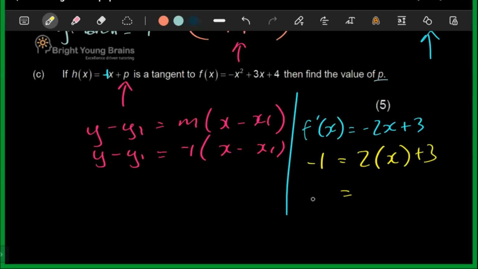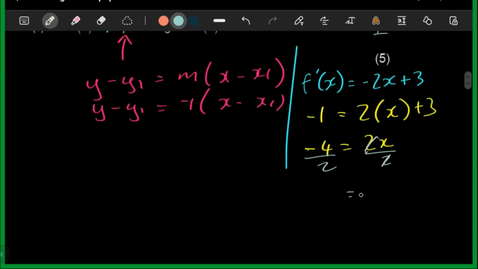So here the 3 goes over, it becomes a negative 4. We have negative 4, 2x, divide both sides by 2. x is equal to negative 2.